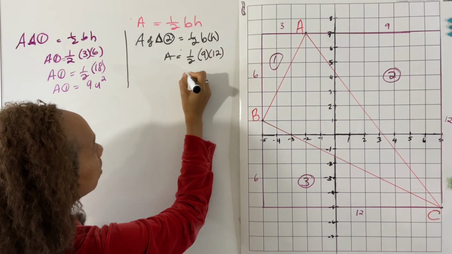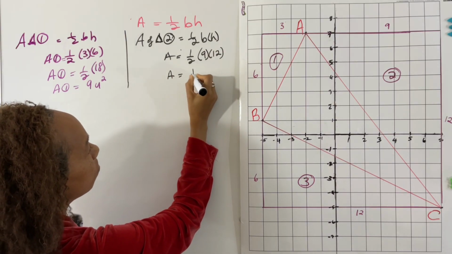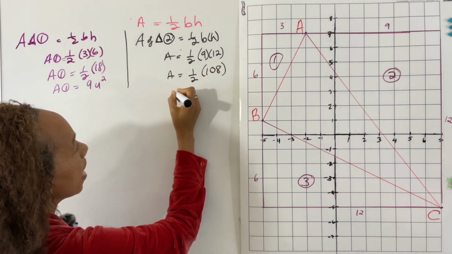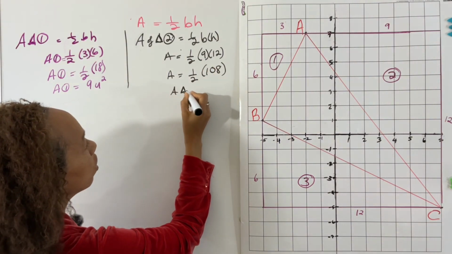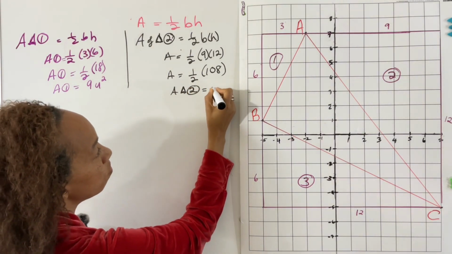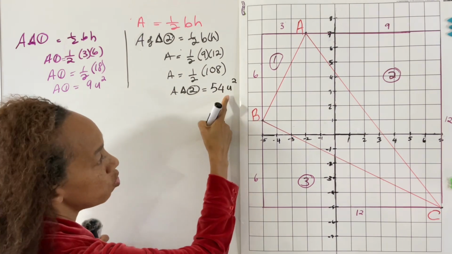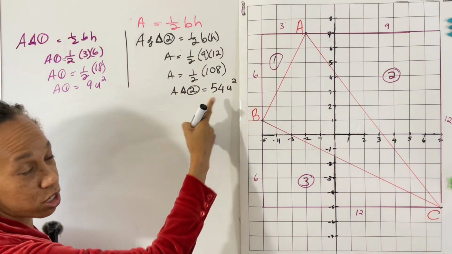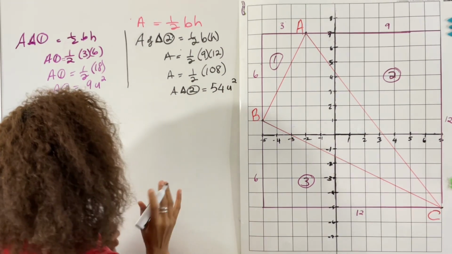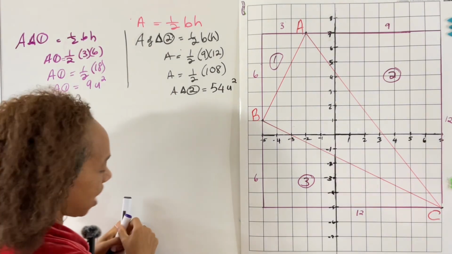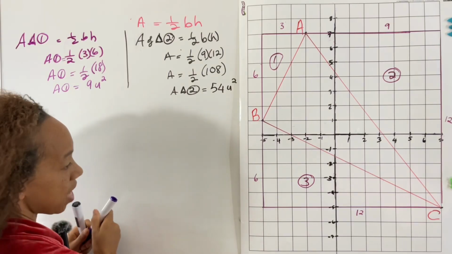And so we end up with area is going to be half of 108. Area for triangle 2 is going to be 54 square units. And make sure you are using your square there for your square units. So now that we have that, we are now going to go to the third step, which is to find the area of triangle 3.